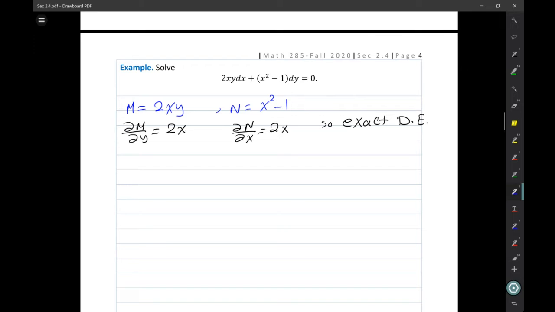Now it's exact. Now, which one will you start from, M or N, to integrate M with respect to x or integrate N with respect to y? Which one do you like?